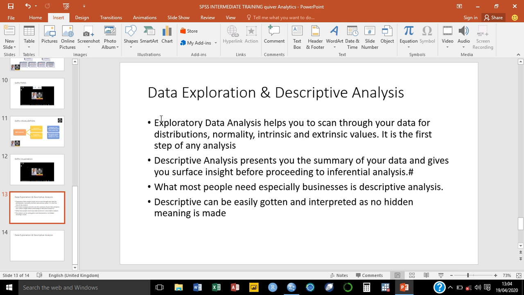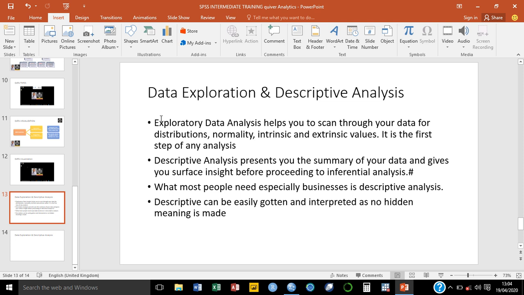What most people need, especially businesses, is descriptive analysis. Sometimes what is needed is just to see how many people, what's the difference, how do people come on Mondays, how do they come on Tuesday, how many do we sell, just basic things like that.